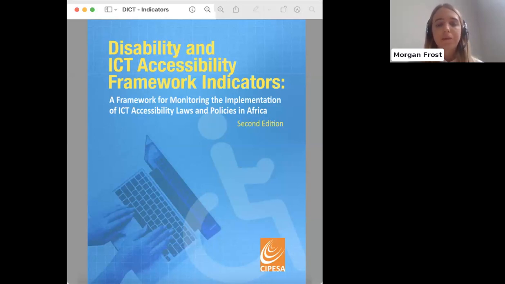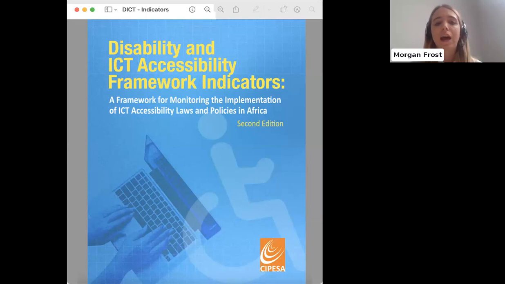Ian, if I may just provide a quick note on the indicators themselves before passing it back to you. They really do provide an important framework, again, for researchers and organizations to assess the gaps in legislation and also accessibility that hinder the full participation of persons with disabilities in digital spaces.